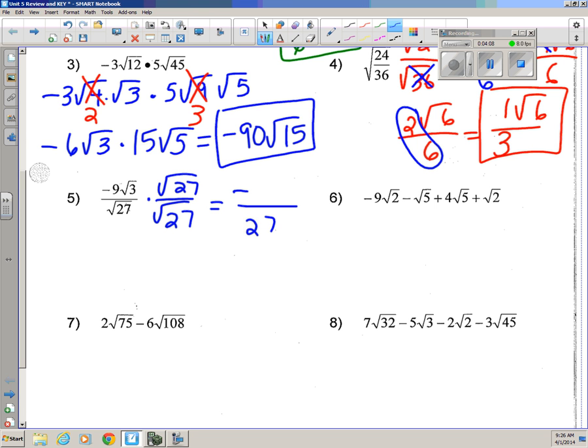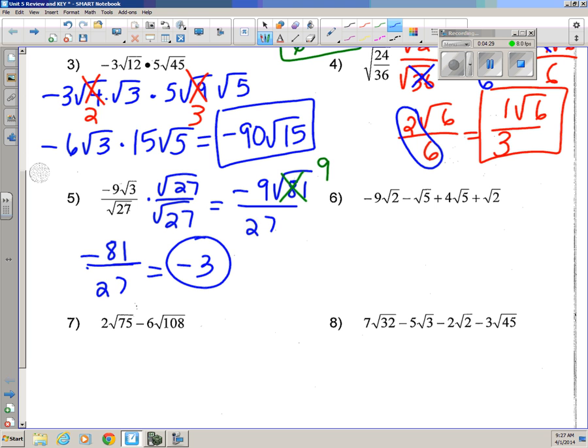On the top, it becomes negative 9 radical 81. Well, what ends up happening is the square root of 81 is just 9, which means my numerator becomes negative 81, whoopsie, divided by 27. And this actually just simplifies into the whole number of negative 3.